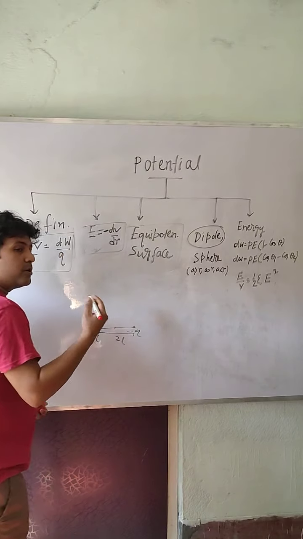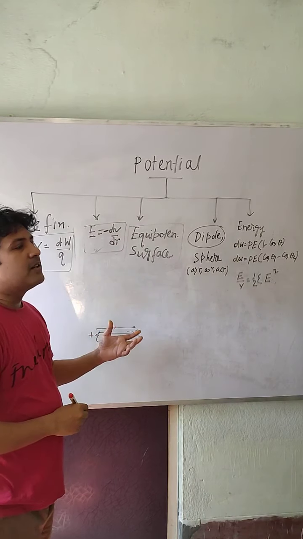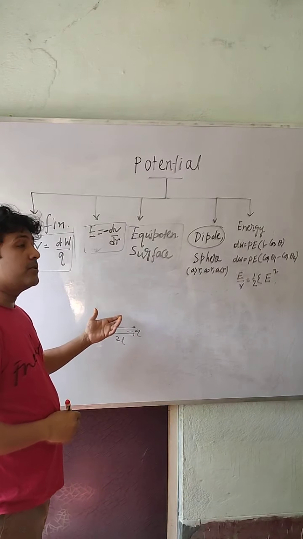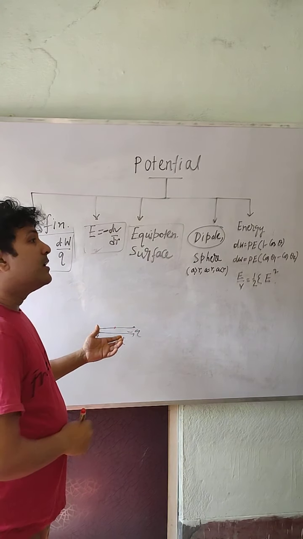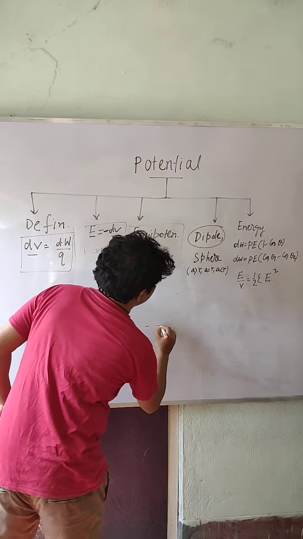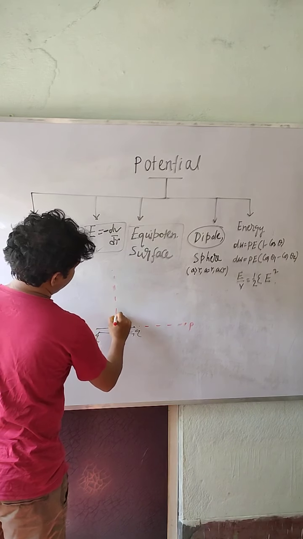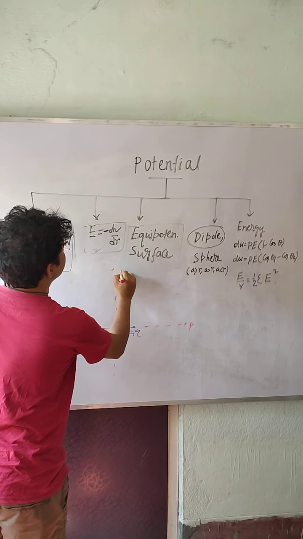Also, we have read that there are two extreme positions for the electric field of the dipole: one is the axial position, and another is the equatorial position.